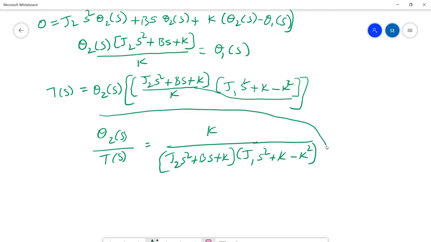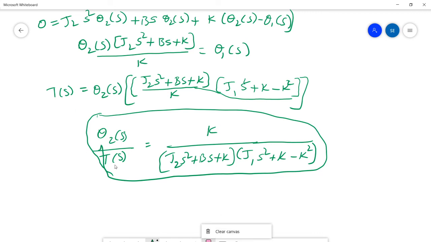So therefore this is the mathematical model for the particular system, right? T of s, this is the final equation.